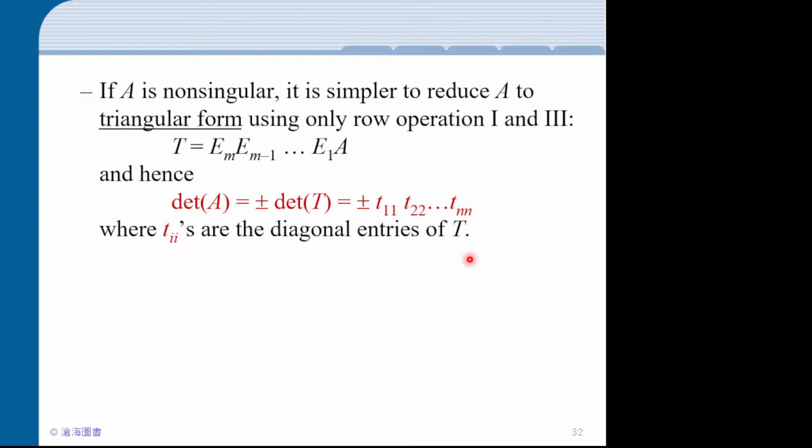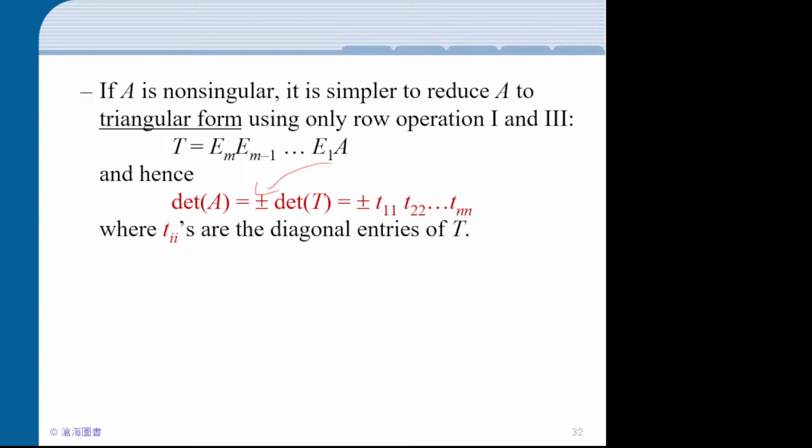I guess the nice thing is if you do that, then you only do row swapping and row addition and subtraction, and those elementary matrices only have determinant +1 or -1. And so here you have plus or minus depending on the number of swaps you do.